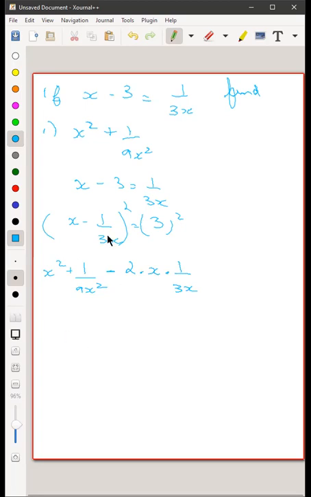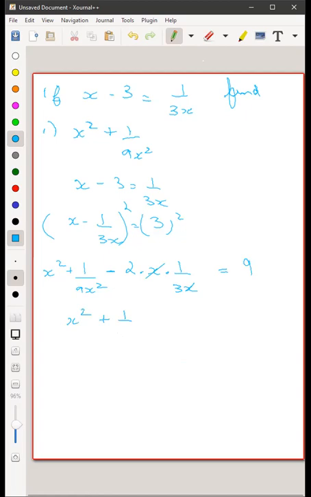Remember, I told you previously, this 2 is only applicable if we have x minus 1 upon x or x plus 1 upon x. These two values have to be the same. If x and 3x are different, then we need to multiply with the second part, right? So what does this become? Equal to 9 plus 2 upon 3.